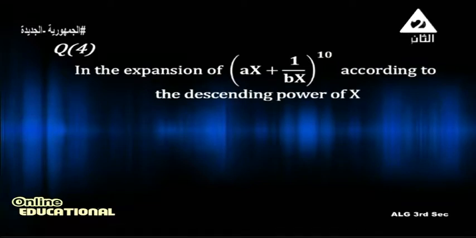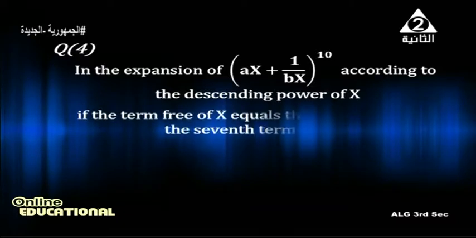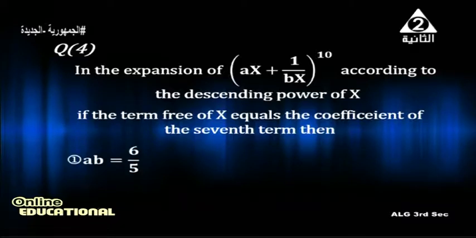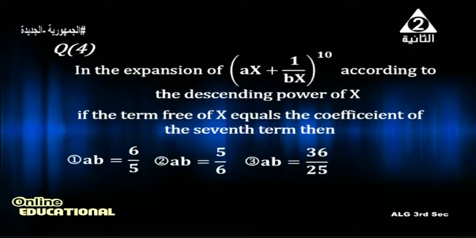Question number 4. In the expansion of (ax plus 1 over bx) to the power 10 according to descending powers of x, if the term free of x equals the coefficient of the 7th term, then choose the correct answer. What is the relation between a and b? ab equals 6 over 5, 5 over 6, 36 over 25, or 25 over 36.